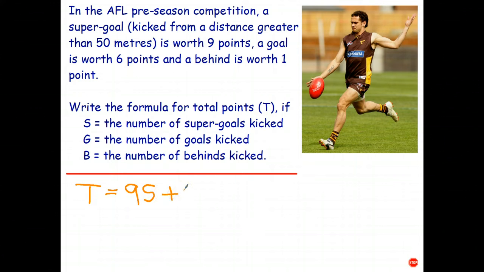Each goal is worth 6 points, and G is the number of goals, so the points from the goals will be 6 times G. And finally, a behind is worth 1 point, so plus B.